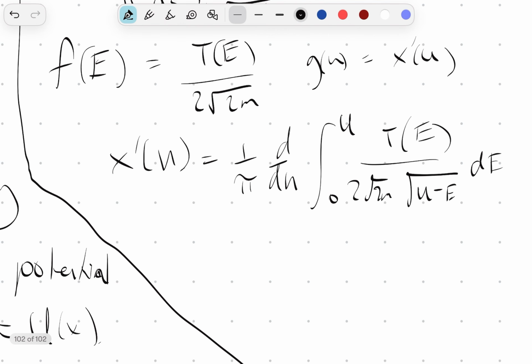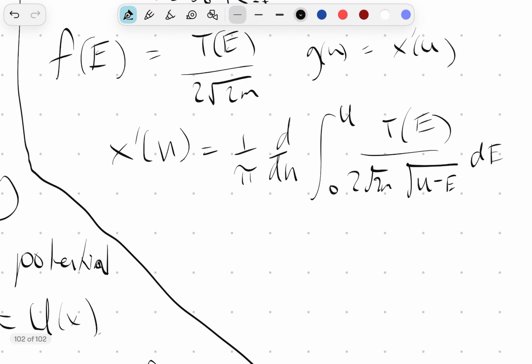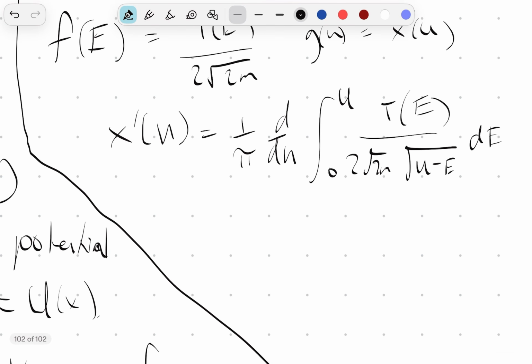And if we integrate from 0 to u, we can recover x of u. So x of u itself will just be the integral from 0 to u of x prime of u du.